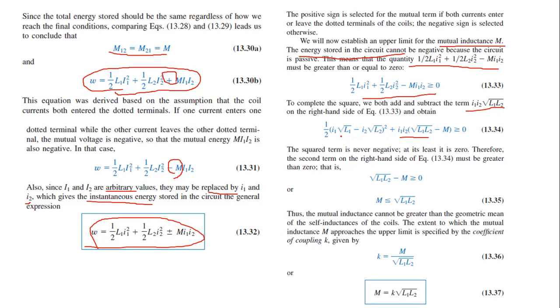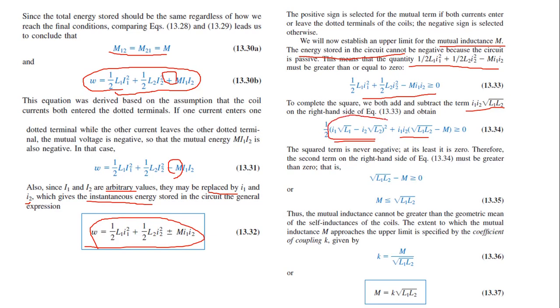Now here they have simplified like this. So what you have to do is half L1 I1 square plus half L2 I2 square plus I1 I2 root of L1 L2 minus I1 I2 root of L1 L2 minus M I1 I2 greater than or equal to 0.